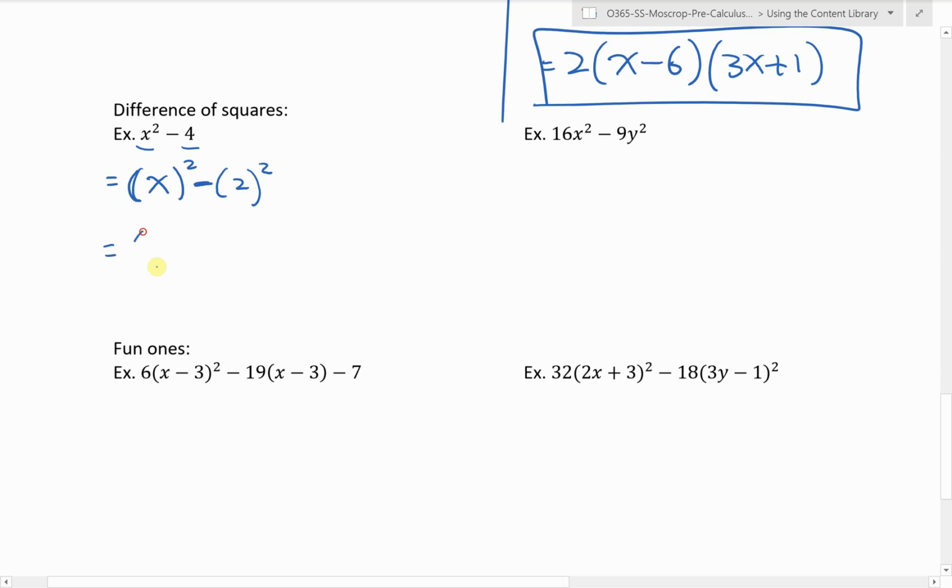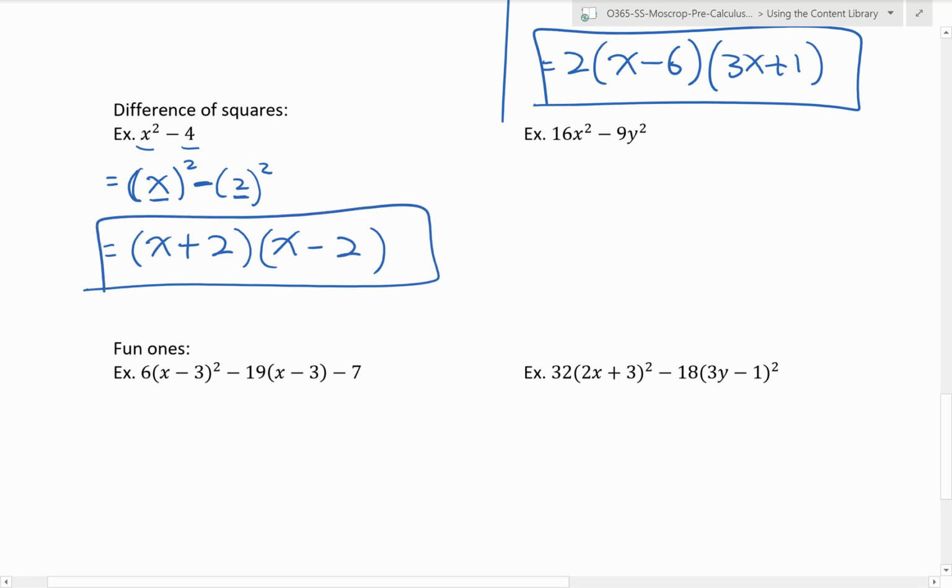Now to factor this is actually quite easy. For difference of squares, you get 2 sets of brackets. You get x and x in the front, from the first bracket, and 2 and 2 in the second set of brackets. You get a plus sign, and you get a minus sign. You're done. That's it. The end.